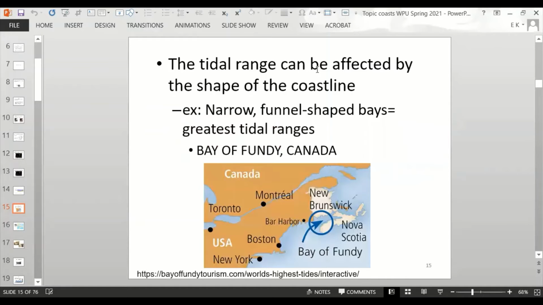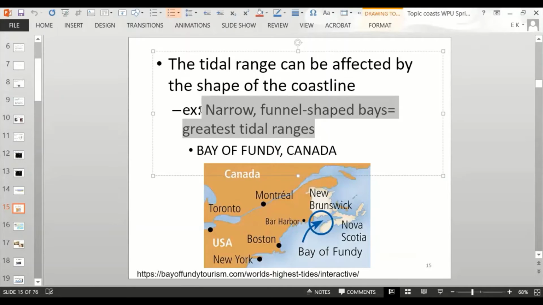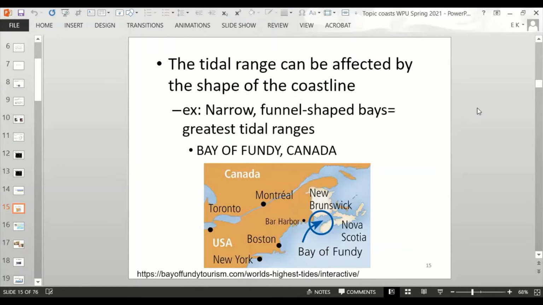So your tidal range can also be affected by the shape of the coastline. For example, narrow, funnel-shaped bays can give you a great tidal range. For example, the Bay of Fundy in Canada, which is right here. If you look in here, it's a funnel shape.